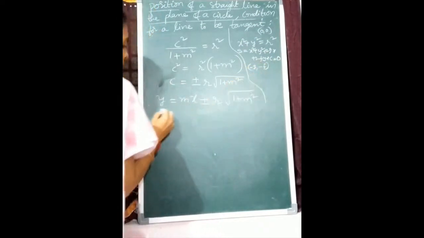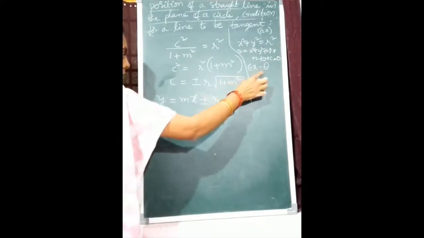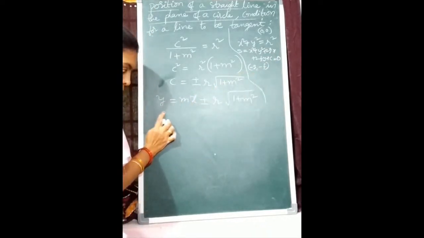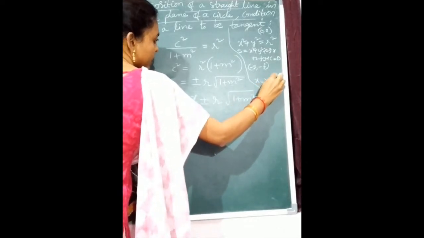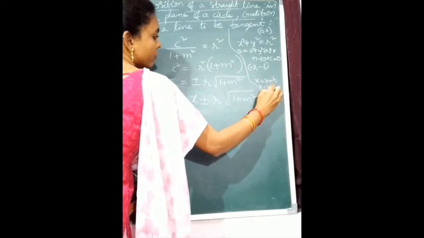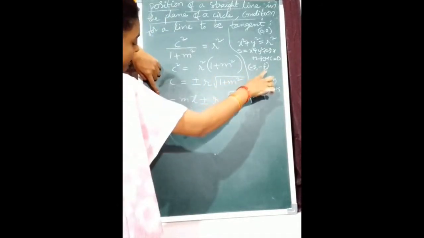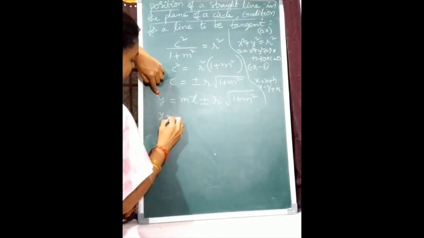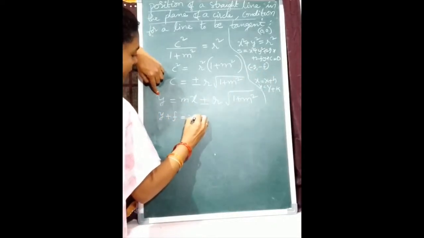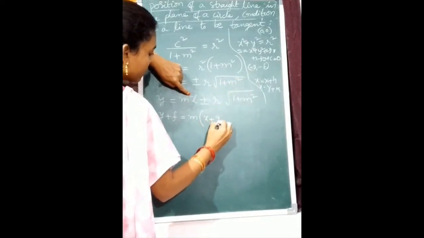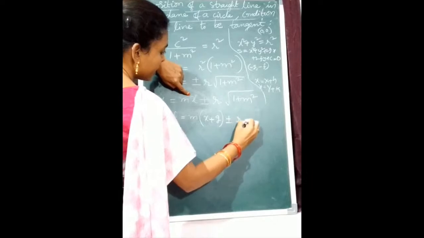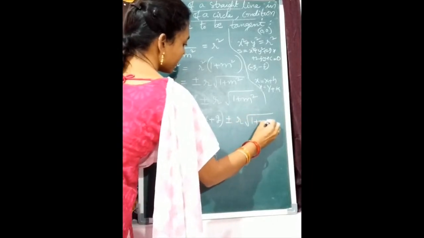So transformation of axis 1b లో transformation of axis లో మనం ఏ రాసాం? x is equal to x plus h, y is equal to y plus k. ఎలా రాసామో ఇక్కడ కూడా అంతే. y plus f is equal to m into x plus g plus or minus r into root over 1 plus m square.